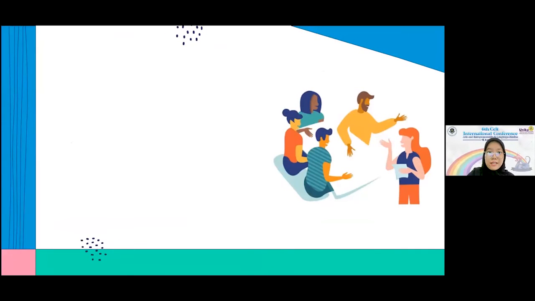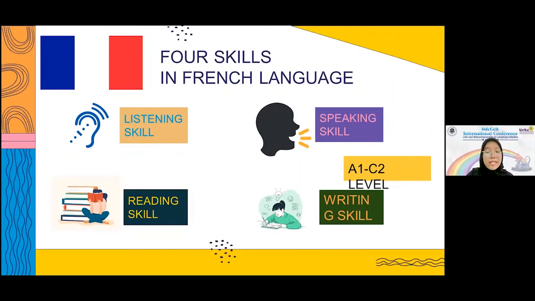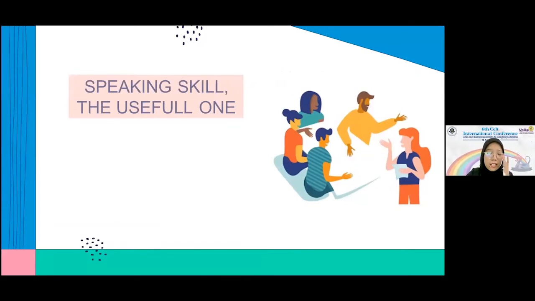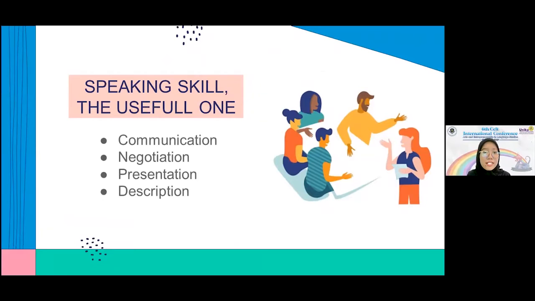And then there are 4 competences, and the one I would like to present to you today is speaking skill, the most useful one. Why can I say that it's so useful? Because speaking skill is useful for the purposes of communication, negotiation, presentation, and description.